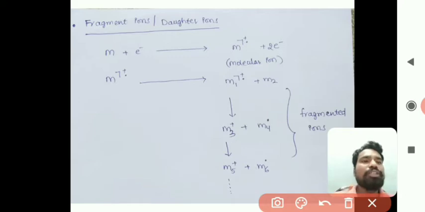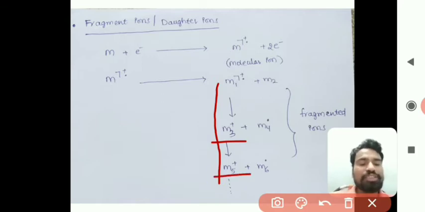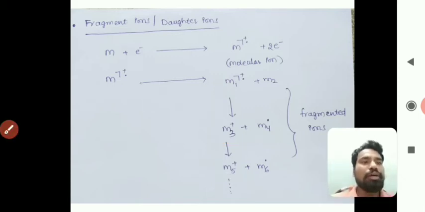All the ions formed here, that is M1 plus dot, M3 plus, M5 plus, M7 plus, are called daughter ions or fragmented ions. We consider the molecular ion as well as all the fragmented ions by their m/z values, and that can be represented as a mass spectrum.